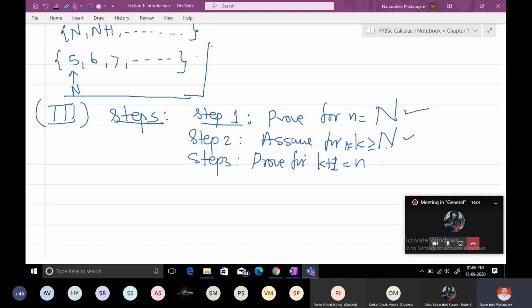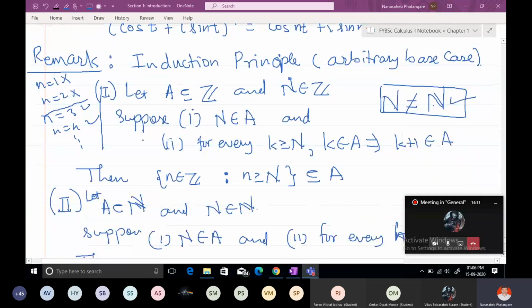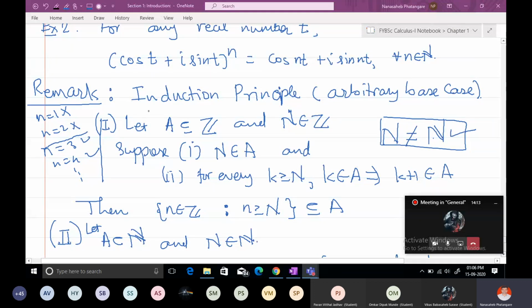Right. So let us see. Do you understand this general case? No doubt in this case. Arbitrary base case. I think you understood this. We discussed this last time. There should not be any difficulty. So what are the steps?